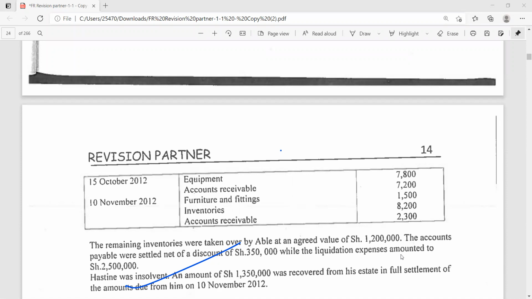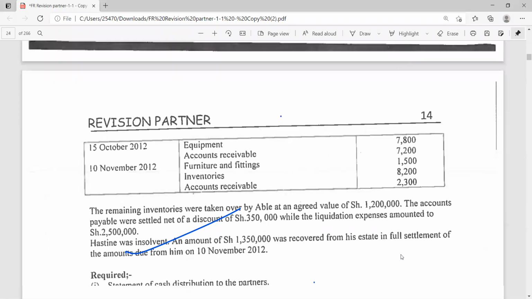12,000. But then you have to add something down here, plus this 1,350, because they said Hastings was insolvent, and an amount of 1,350 was recovered from his estate in full settlement of the amount due from him on 10 November 2012.